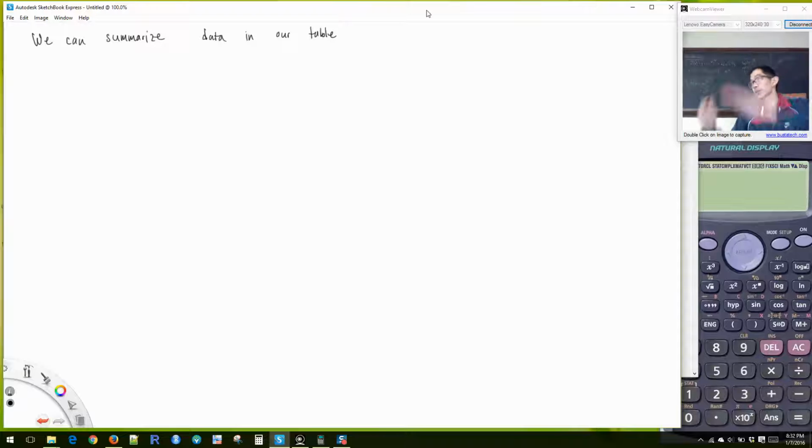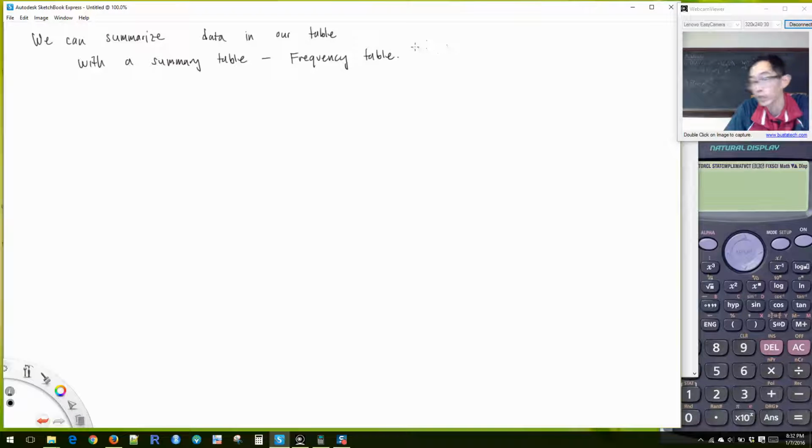You imagine the big table of data, and if you surveyed 500 people, you'd have 500 rows, and rather than having to report the entire table, we can summarize the data in our table with more tables, with a summary table called a frequency table.